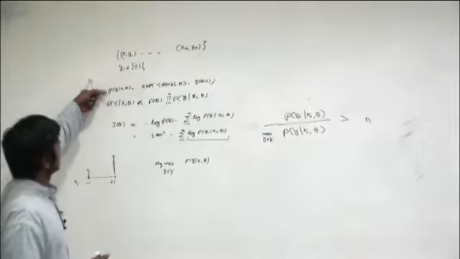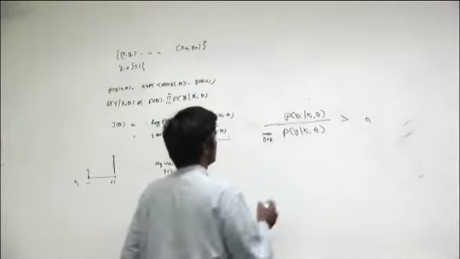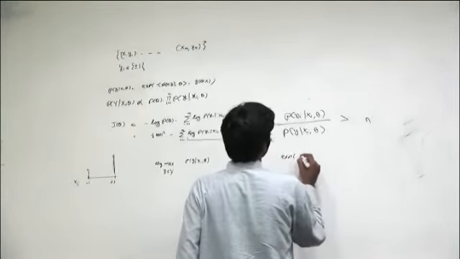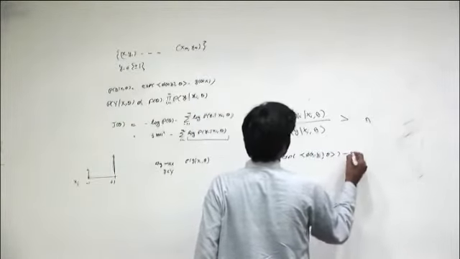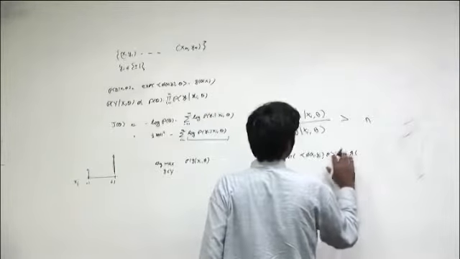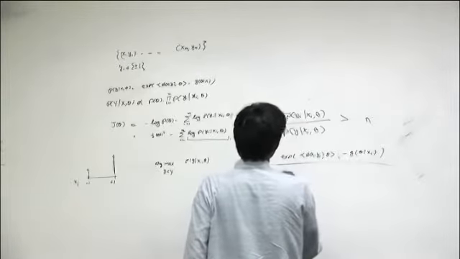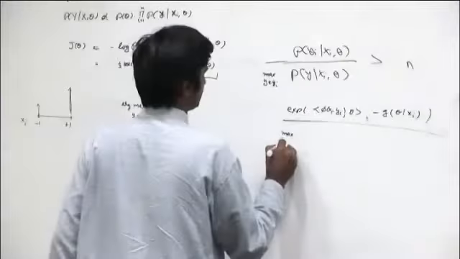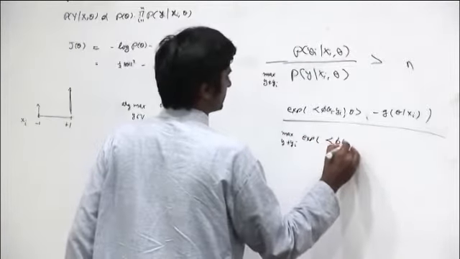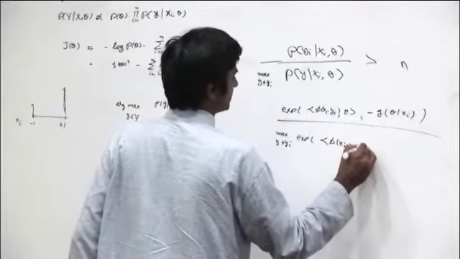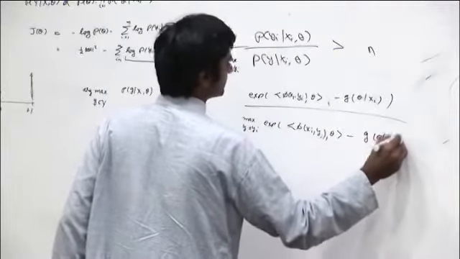Because we are working with the exponential family, let us write this expression out. It is exp of phi of xi yi times theta minus g of theta conditioned on xi, over the max over y not equal to yi of exp of phi of xi y times theta minus g of theta conditioned on xi.